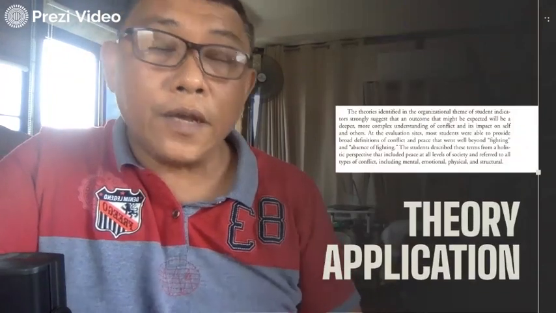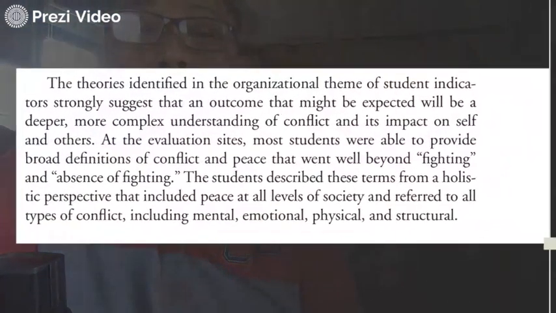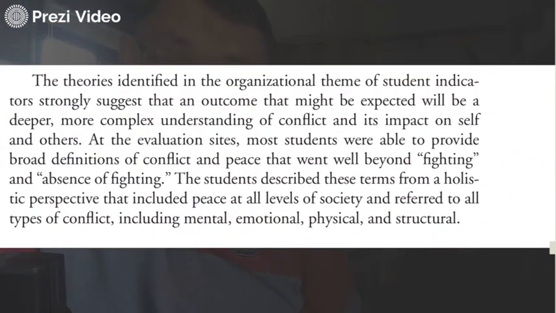And then he tried to relate his findings to the theoretical aspects. And what he noted is that the theory identified in the organizational theme student indicators strongly suggests that an outcome that might be expected will be a deeper, more complex understanding of conflict and its impact on self and others. At the evaluation sites, most students were able to provide broad definitions of conflict and peace that went well beyond fighting and absence of fighting.